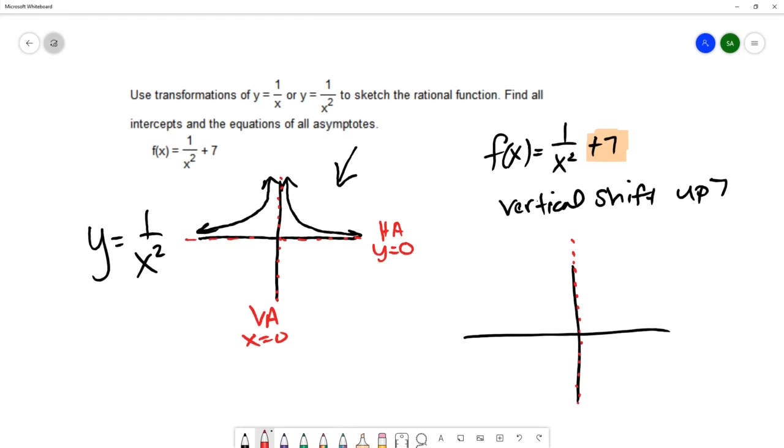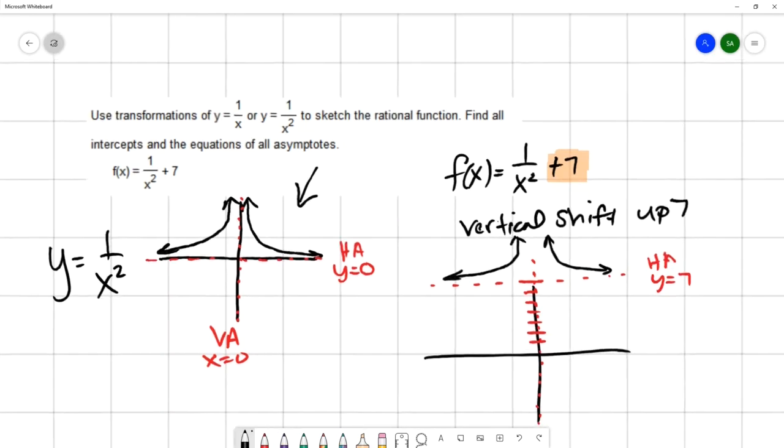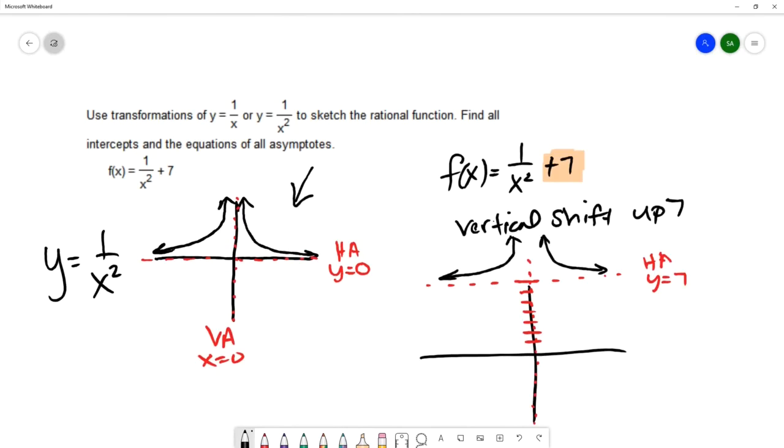However, the horizontal asymptote does move from 0 to 7. So we will now have a horizontal asymptote at y equals 7. And then we can sketch the graph to be like this. So it's the same graph as the original, just shifted up by 7 units.